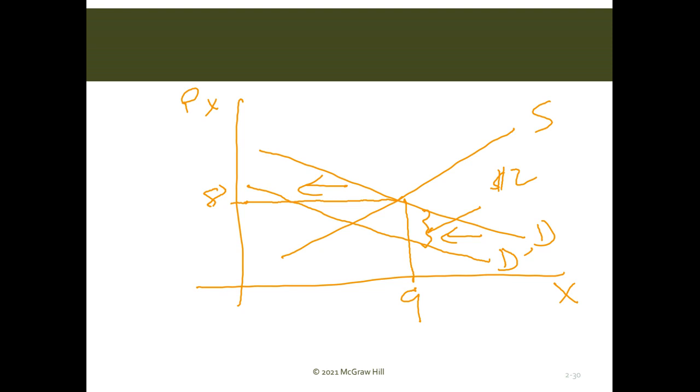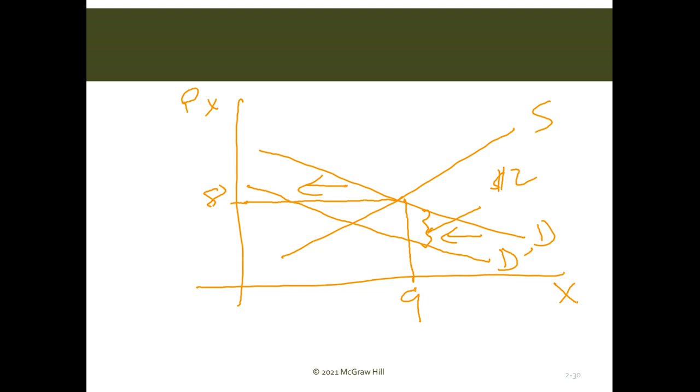Now see what is happening here. The only thing you have to remember is that when a tax is imposed on suppliers, the supply curve shifts leftward or upward. When a tax is imposed on buyers, the demand curve shifts leftward or downward, less demand.